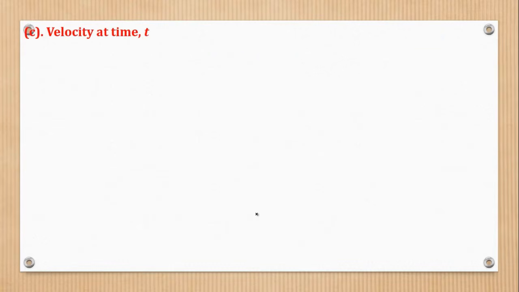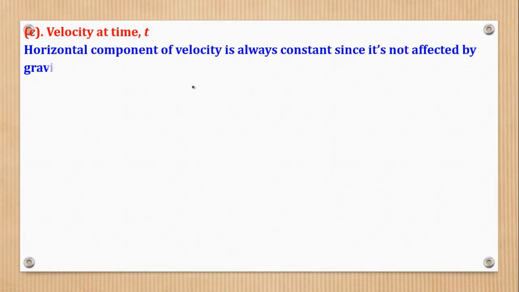Another term we need is velocity at any time t. I think we saw the velocity at point C, that is called velocity at any time t. The horizontal component of velocity is always constant. This part is very vital. The horizontal component is always constant at any time, so Ux will be equal to Vx.